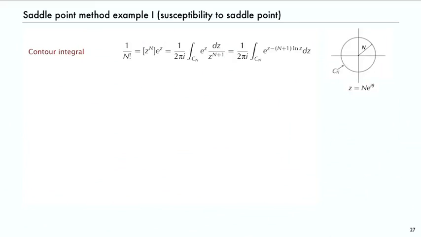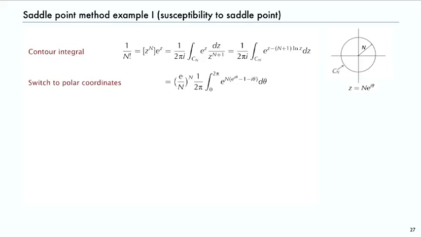So what we're doing is trying to do the contour integral for e^z over z^(n+1), or just putting it all in one function, z minus (n+1) log z, around this circle, z equals n e^(i theta).